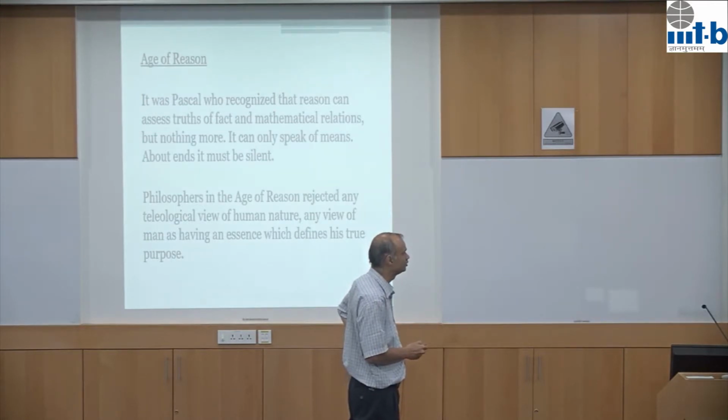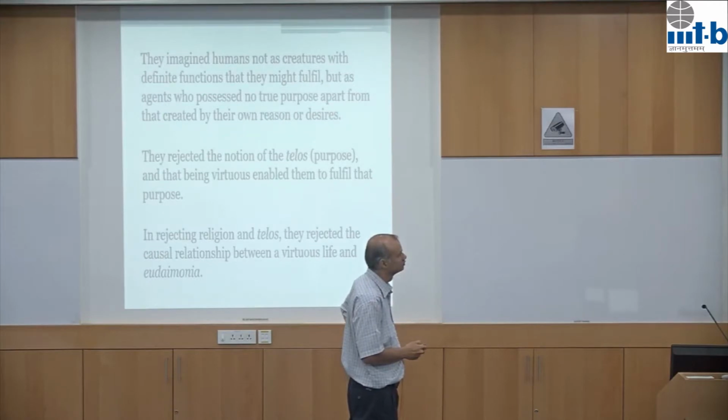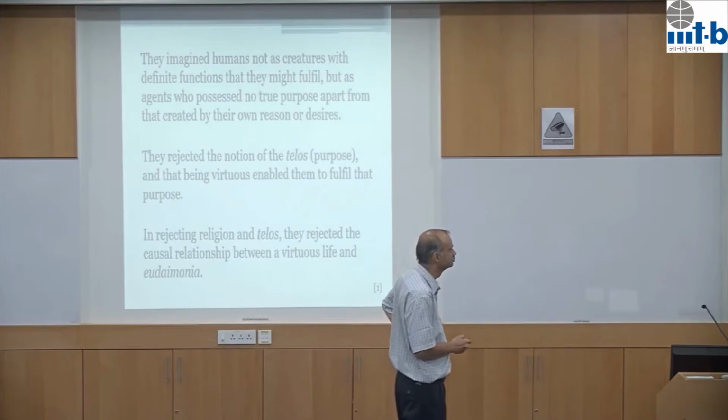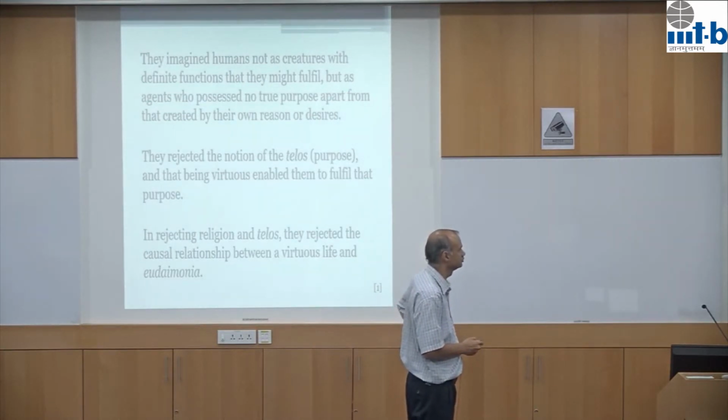They imagined humans not as creatures with definite functions that they might fulfill, but as agents who possess no true purpose apart from that created by their own reason or desire. They rejected the notion of the telos, and that being virtuous enabled them to fulfill that purpose. In rejecting religion and telos, they rejected the causal relationship between virtuous life and eudaimonia.